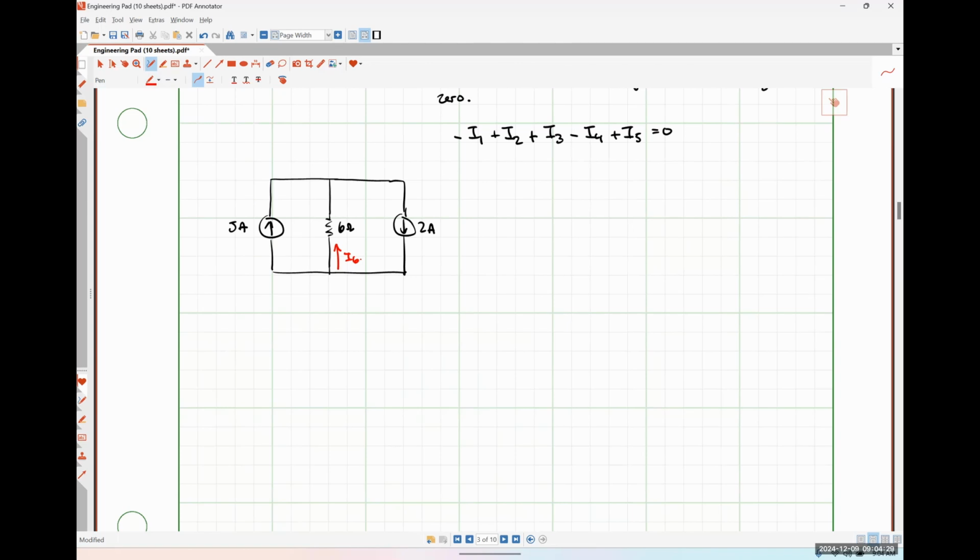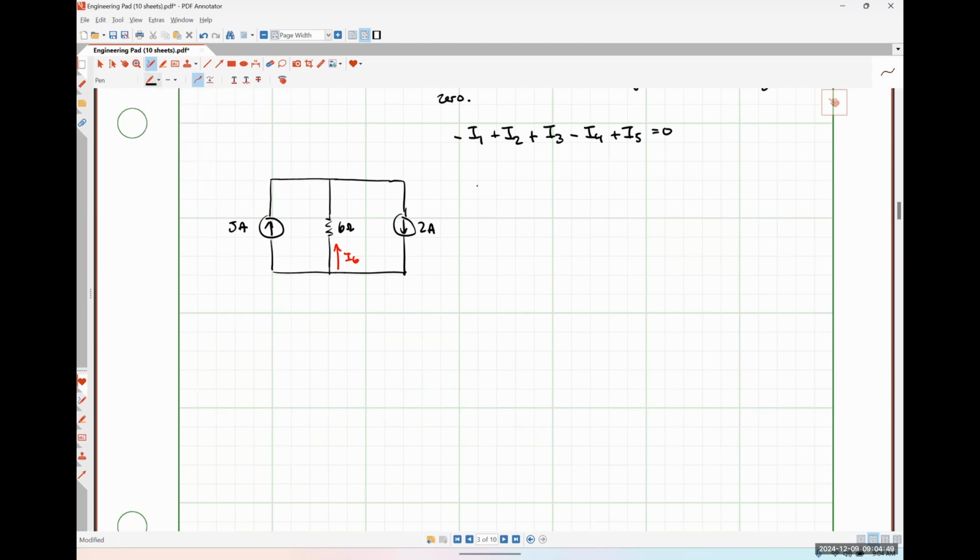So we are going to apply Kirchhoff's current law at a node. This particular circuit has exactly 2 nodes, one on the top and one on the bottom. So I want one of you all to make an arbitrary decision and tell me if we're applying KCL at the top node or the bottom node. Bottom node, okay.